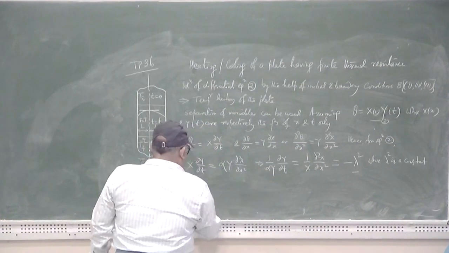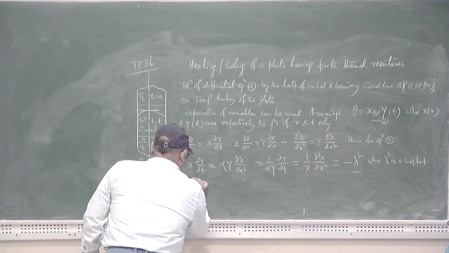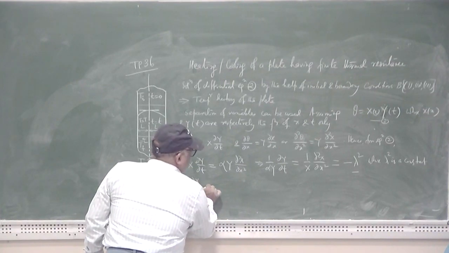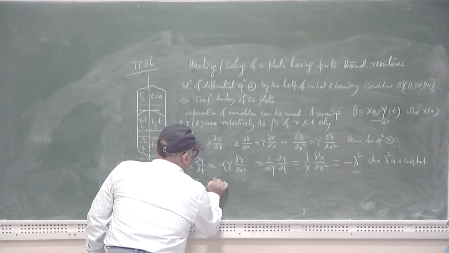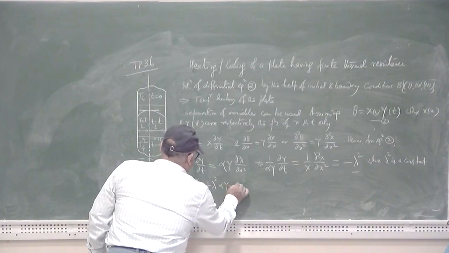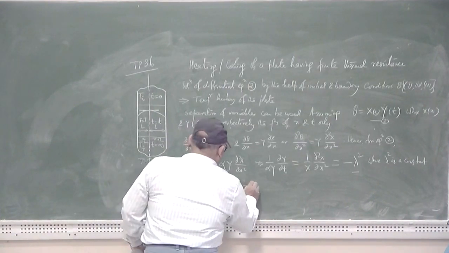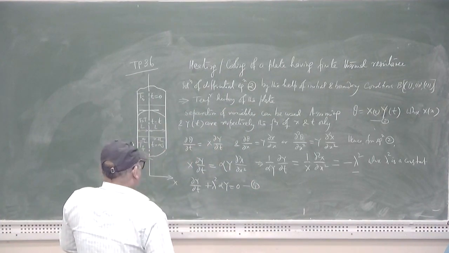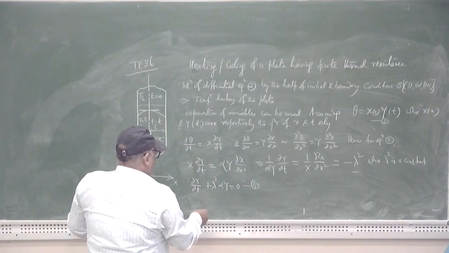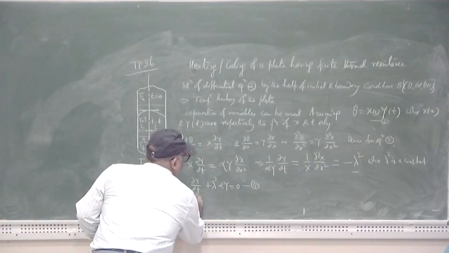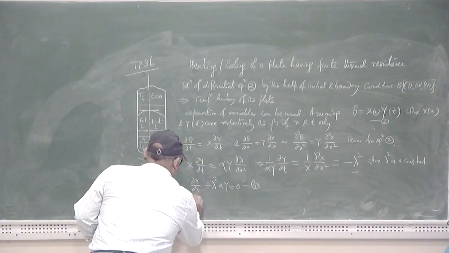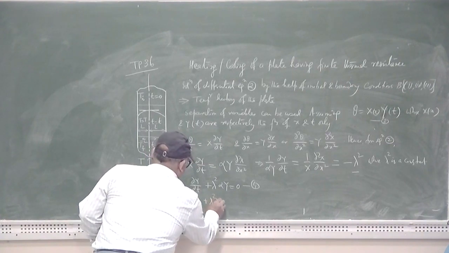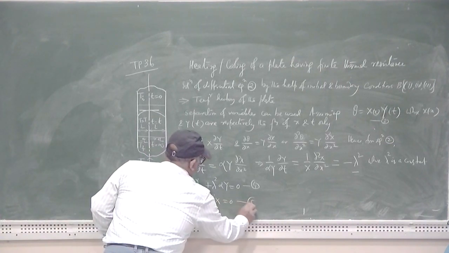Taking the first ratio, we obtain the equation ∂y/∂t plus lambda square alpha y equal to 0. Let it be equation number 4. And taking the second ratio, ∂²x/∂x² plus lambda square x equal to 0. Let it be equation number 5.